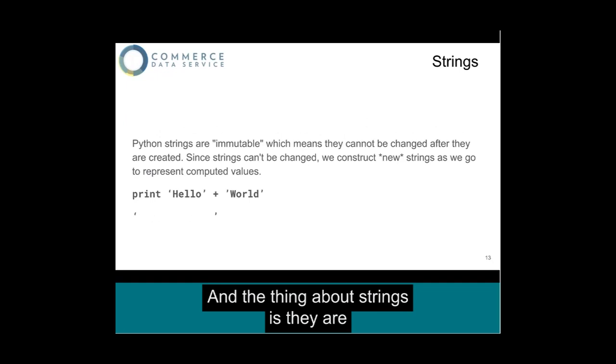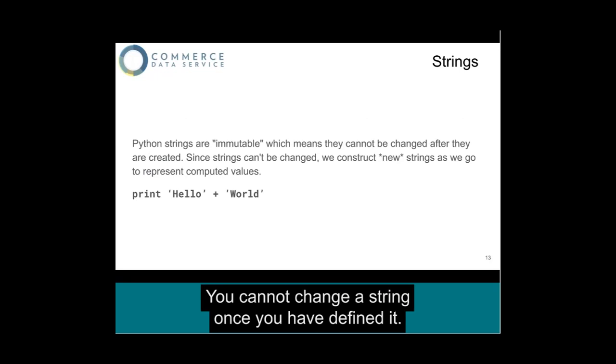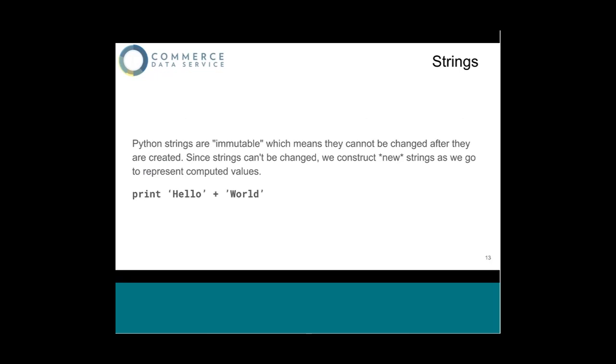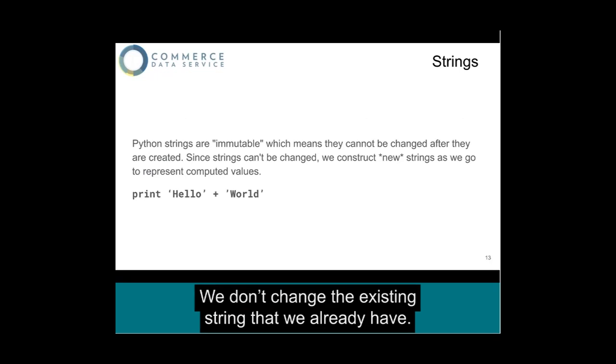The thing about strings is that they are immutable in Python. Python freezes it. You cannot change a string once you have defined it. So the way we manipulate strings is that we make new ones as we output them. We don't change the existing string.